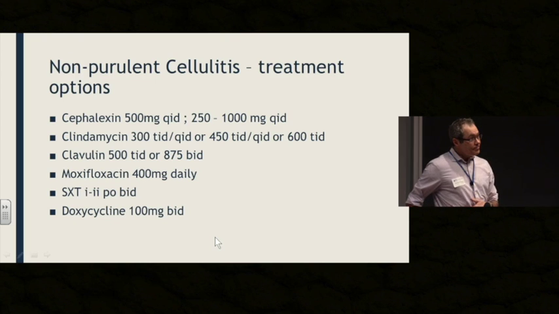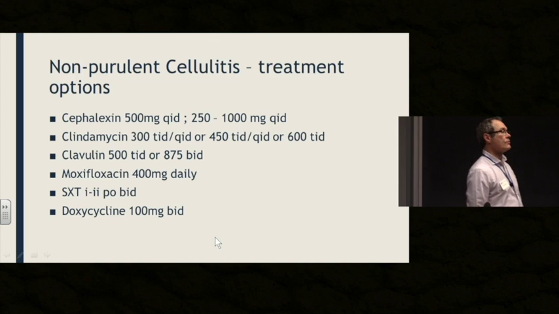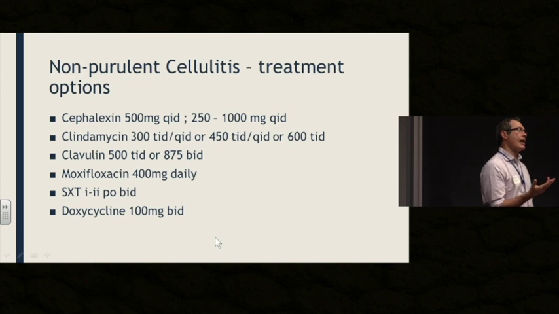I have a question about mox. I heard in the past that you're not allowed to treat anything below the diaphragm with it. That refers to the anaerobic spectrum of activity of moxifloxacin, which is like that of a penicillin drug or clindamycin: those drugs are good for the anaerobes that come from above the diaphragm.